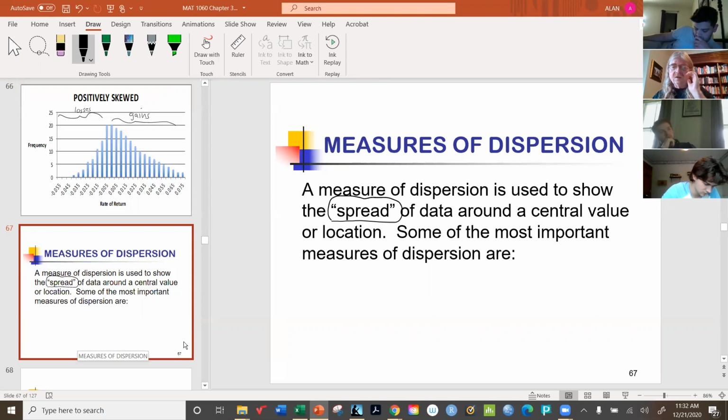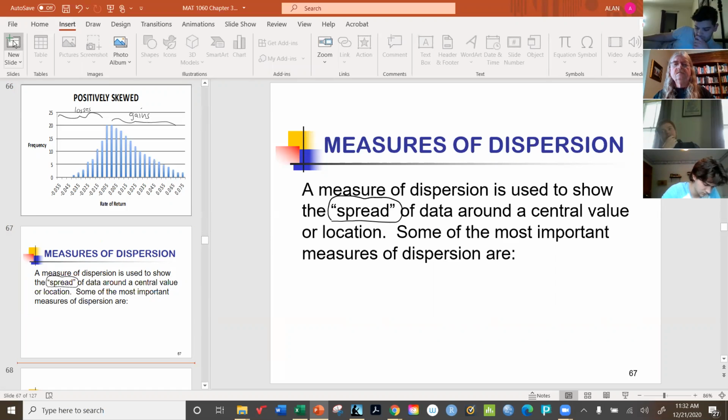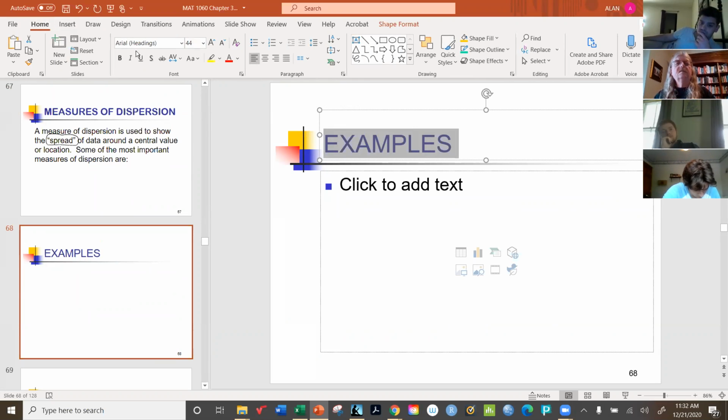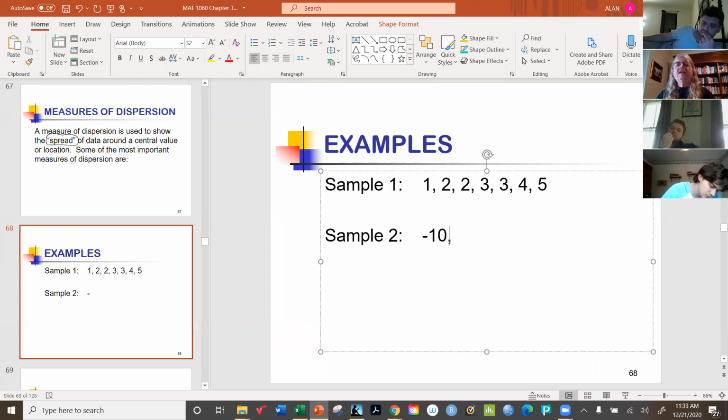Now, again, some of these names will look familiar to you and some of them might not. So let's just say that we have two samples, just to show you what I mean. These could be any numbers. Sample 1, the numbers are 1, 2, 2, 3, 3, 4, 5. Sample 2, -10, -5, 0, 5, 10, 20.